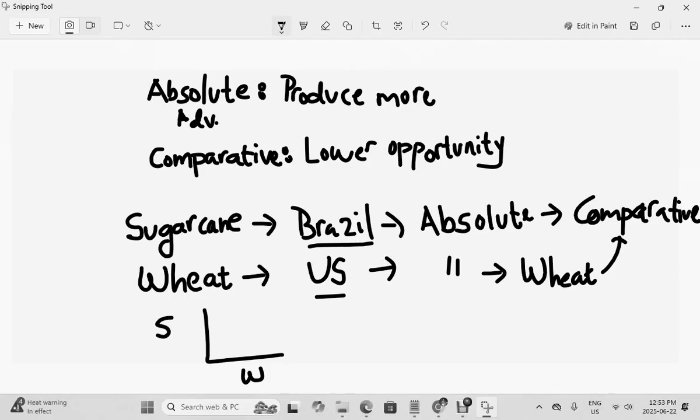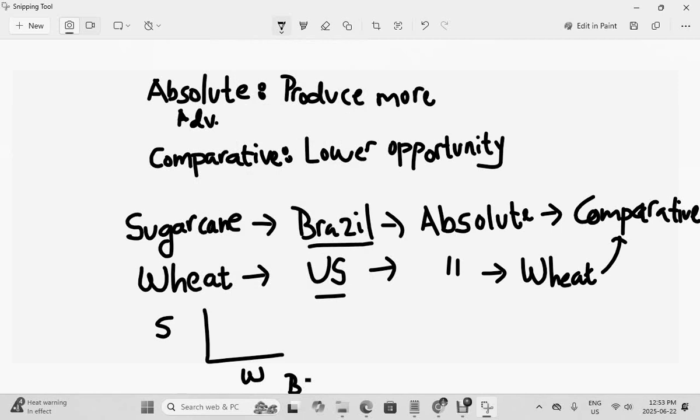So when it comes to sugarcane and wheat, let's assume this production possibility frontier chart is for Brazil.